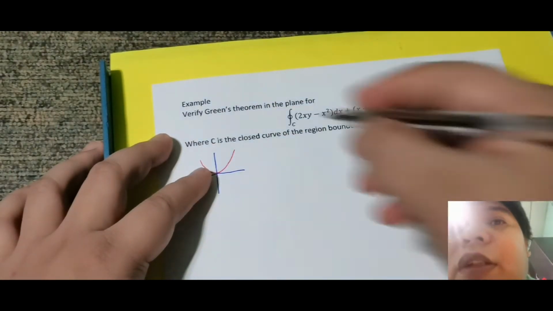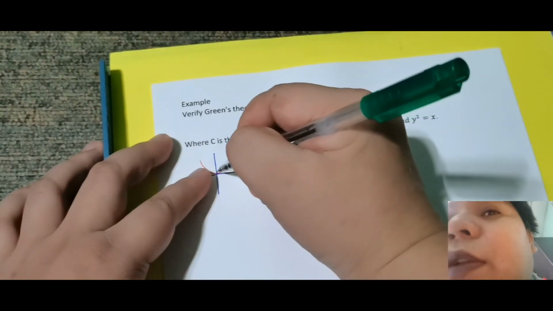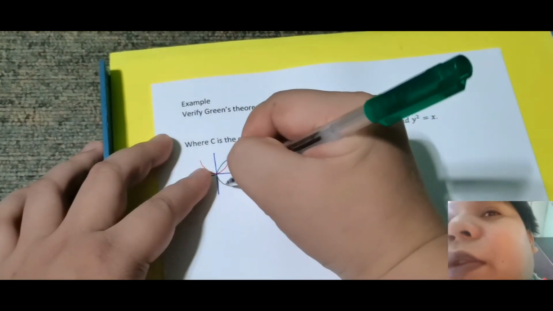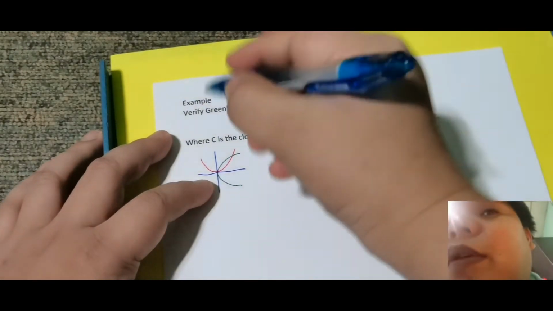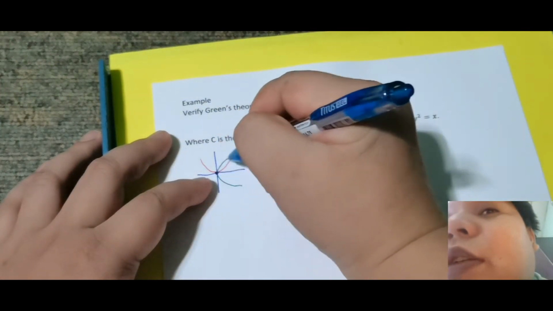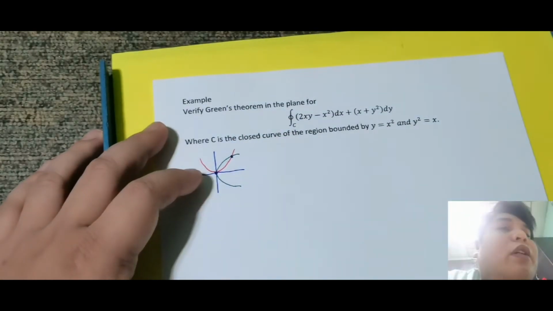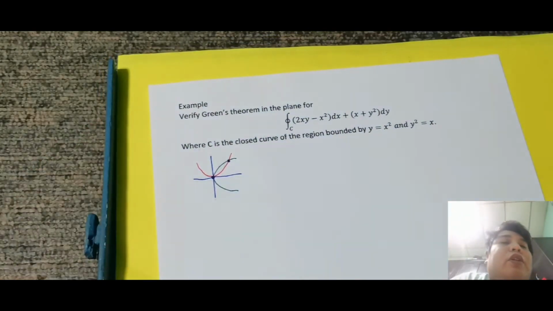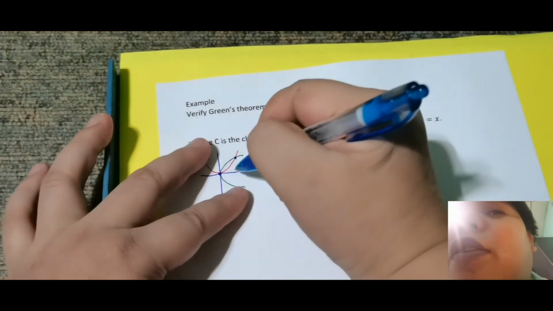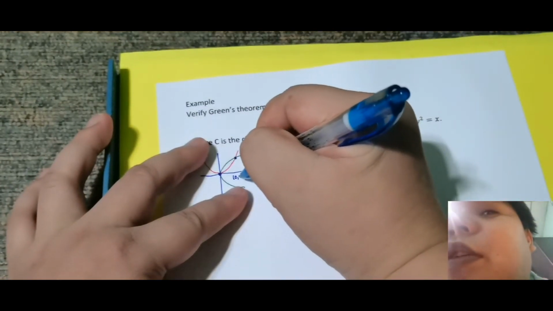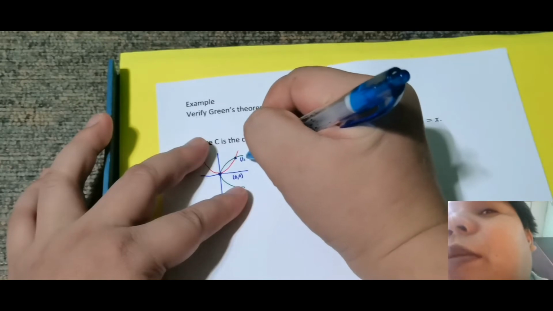So somewhere, andito naman. Okay, so ngayon kung mapapansin mo, may intersection siyang dalawa. Ang una intersection na isa 0, tapos dito sa 1, 1. So kahit i-check nyo na lang. Yung dalawang curve na yan, nag-i-intersect siya sa 0, 0, saka sa 1, 1.